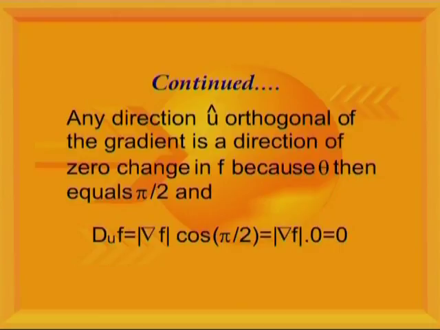So the directional derivative in the direction orthogonal to the gradient of the function is 0. So we can say that the function does not change in the direction that is perpendicular to the gradient of the function.